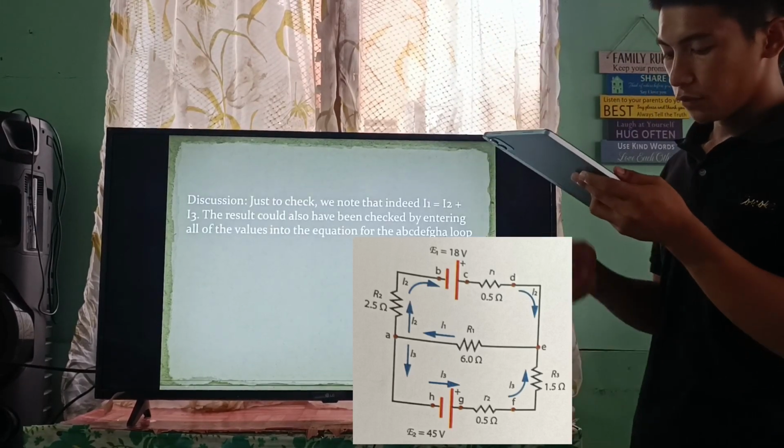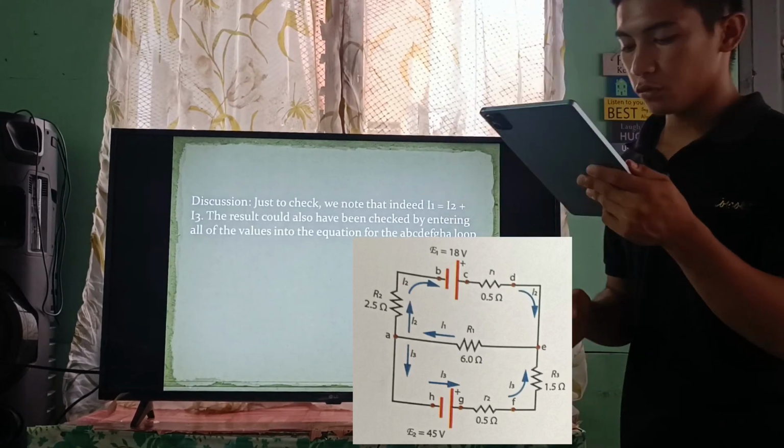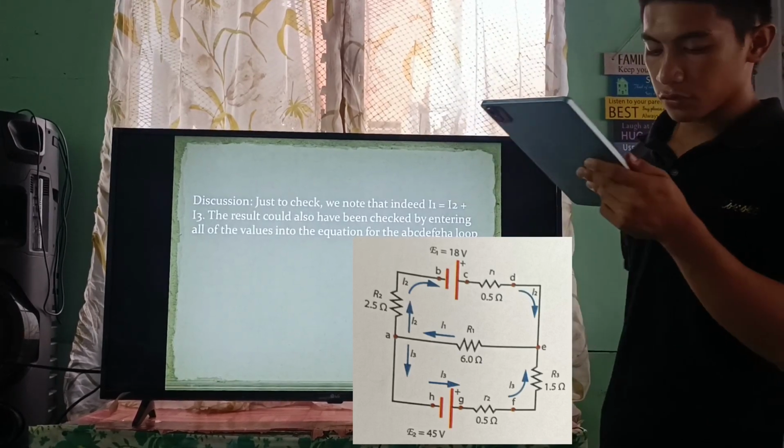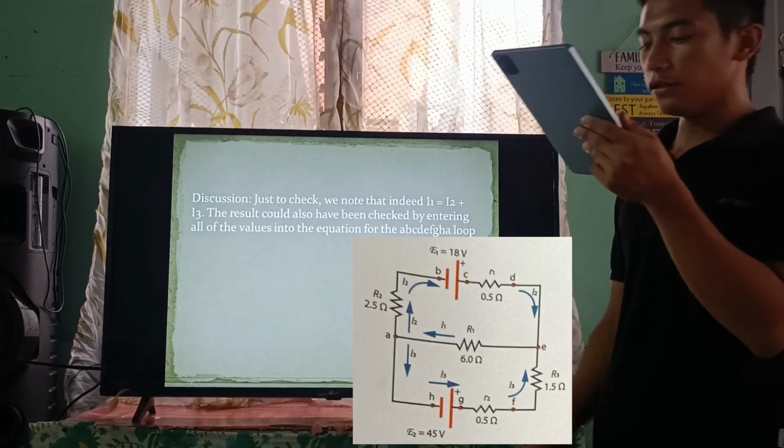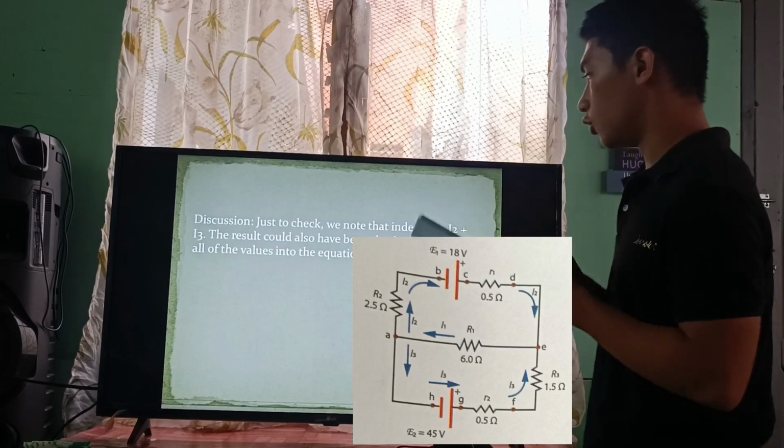Just to check, we know that indeed I1 equals I2 plus I3. The result could also have been checked by entering all of the values into the equation for the A, B, C, D, E, F, G, A loop.